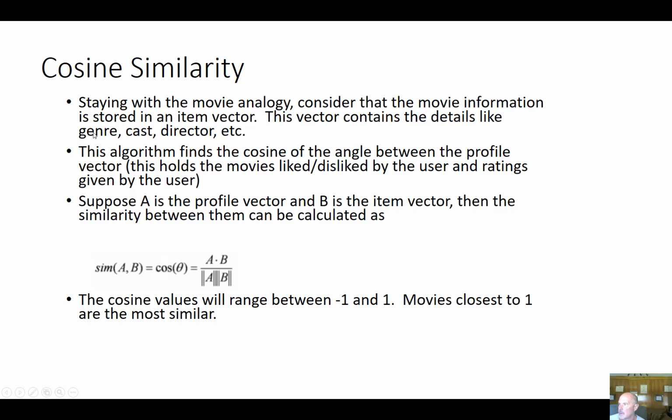So these are profile vectors: genre, cast, director, etc. And then you can apply this formula here, right? So the similarity of A and B is the cosine of theta, which is equal to the vector A times B over the absolute distance, or I'm sorry, the absolute value, the determinant basically, of those. All right, so cosine ranges between -1 and 1, and movies closest to 1 are the most similar, right?